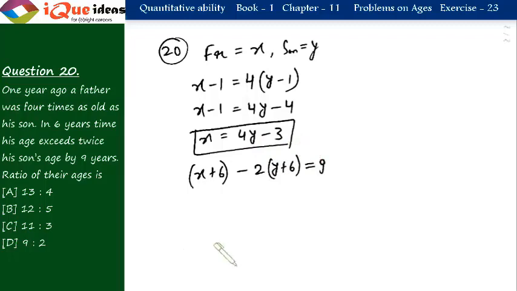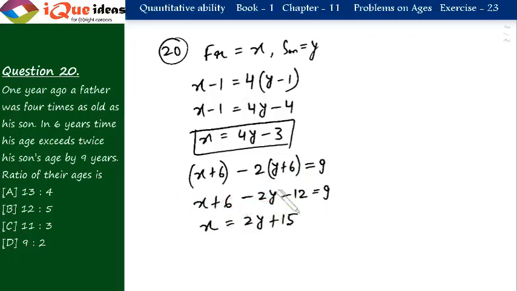So difference between the father's age at that time and twice the son's age at that time. So x plus 6 minus 2 times y plus 6, that is equal to 9. Open it, you'll get x plus 6 minus 2y minus 12 is equal to 9. So 9 plus 12, 21, minus 6, 15. So we get another equation as x equal to 2y plus 15.